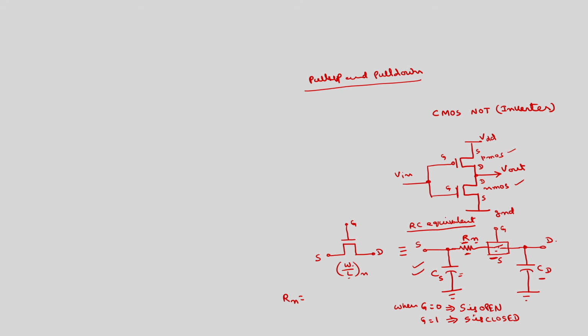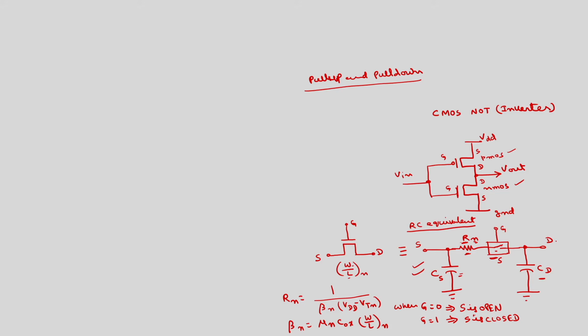In case of on, this switch will be closed, so that time the on resistance is Rn, and this Rn expression is given by 1 by beta n into VDD minus VTN, where VTN is the threshold voltage of n type MOSFET and beta n is given by mu n Cox W by L n.